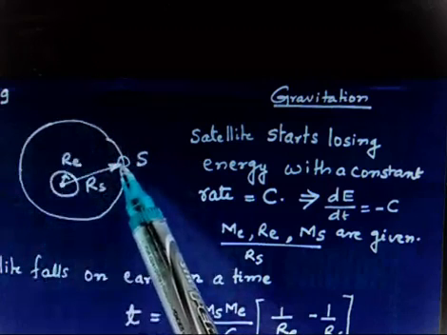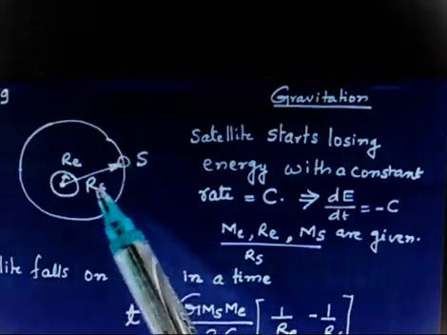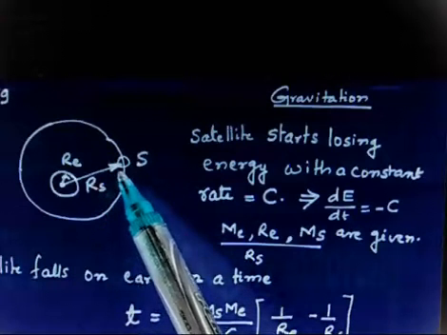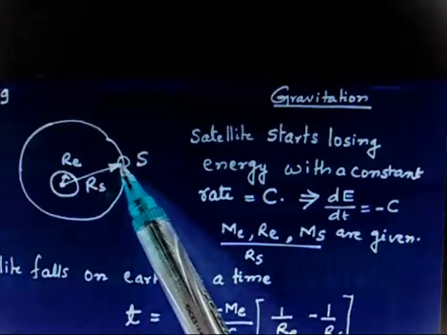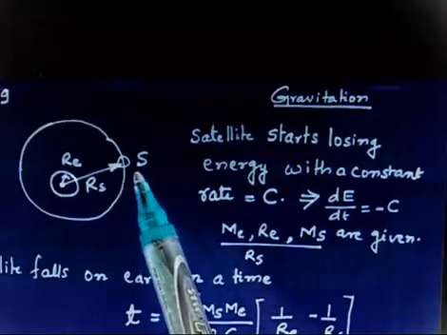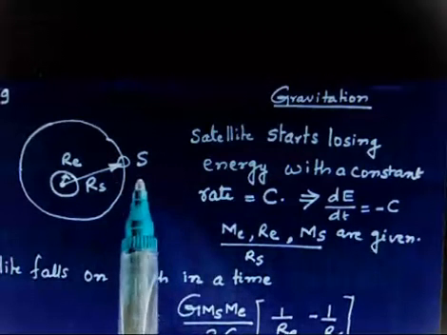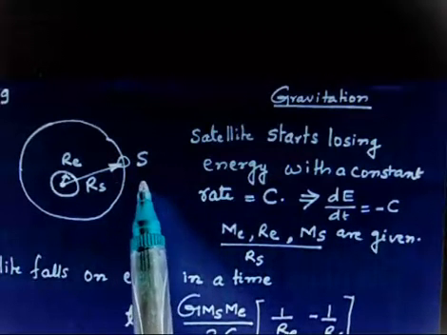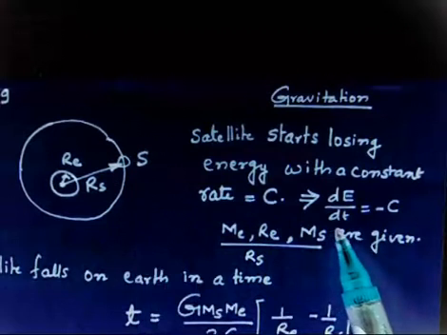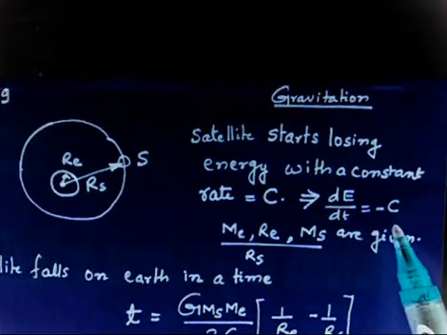If this satellite moves, the dust applies a force on it, and that's why the question says this satellite starts losing energy, because with dust particle collisions there is a chance of energy loss. So the energy loss rate is given to you, a constant rate c.